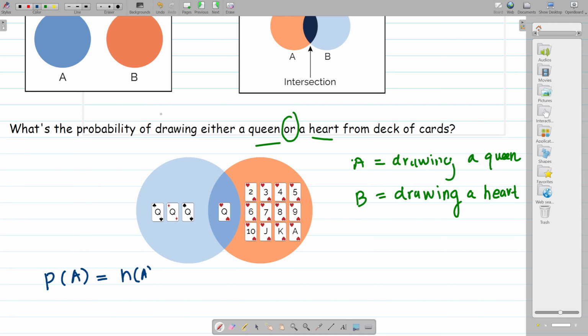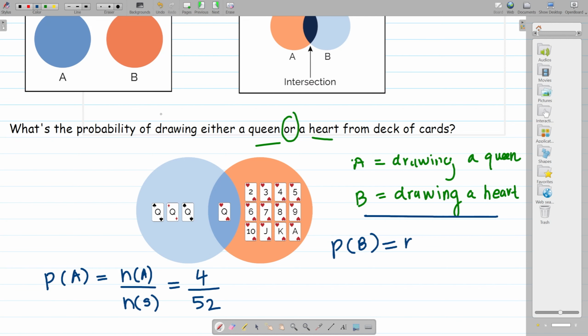You know that P(A) is equal to NA divided by NS. Now, how many queens are available in the standard card deck? 4. And the total number of cards is 52. And drawing a heart means a heart card. So, how many heart cards are there in a standard card deck? Yes, just 13, right? Then the total number of cards 52.